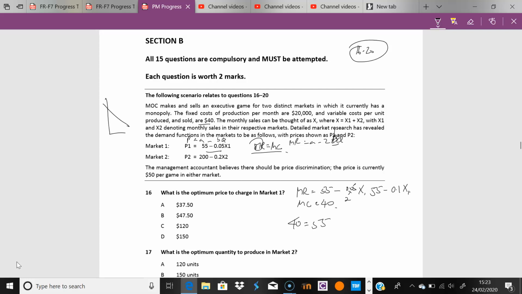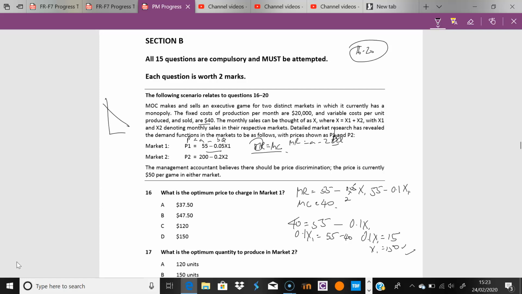So that means that 40 is equal to 55 minus 0.1 x1. Therefore, 0.1 x1 is equal to 55 minus 40, so 0.1 x1 is equal to 15. X1 is equal to 150. So this is the optimal quantity.